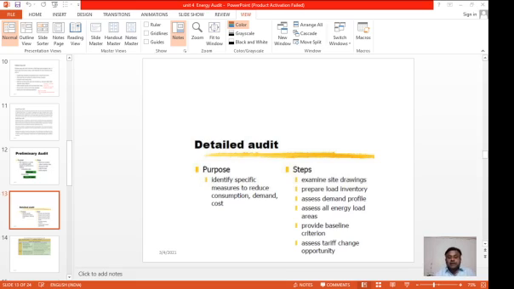So all this will be covered under detailed energy audit phase 3, that is, post energy audit. So in this way, these three phases, namely pre-audit, audit, and post-audit, are the three main components of conducting a detailed energy audit. So students, we will wrap up here, and I hope that you have understood the various types of energy audits.